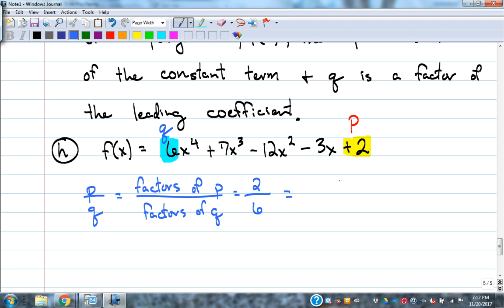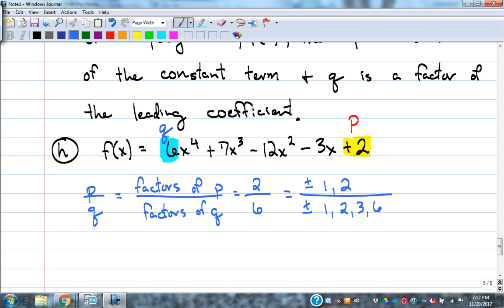What things multiply to be 2? 1 and 2. But technically, it's plus or minus 1 and it's plus or minus 2. If you just stick 1 plus or minus out there on the front, that's fine with me. Okay? Then, what are the factors of 6? What are the things that multiply to be 6? 3 and 2. Don't forget about 1 and 6.